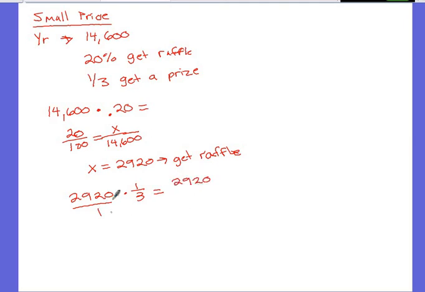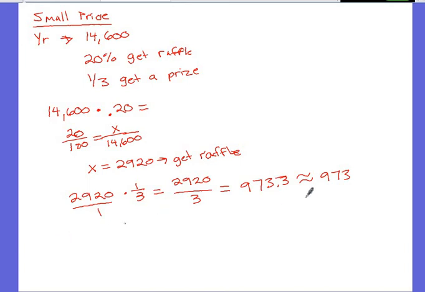You flip out over fractions, but it ends up being an easy problem. Top times top, 1 times 2920. Bottom, 1 times 3 gives me 3. All I have to do here is divide those two, because a fraction bar is division. And I get 973.3 repeating. Well, again, they said find an estimate. So I'm going to say that rounds to about 973. Or I could have said 970 or 975, whatever I wanted my estimate to be.